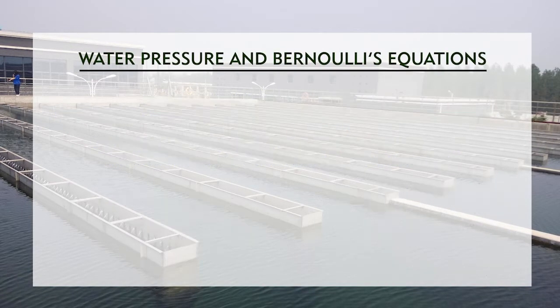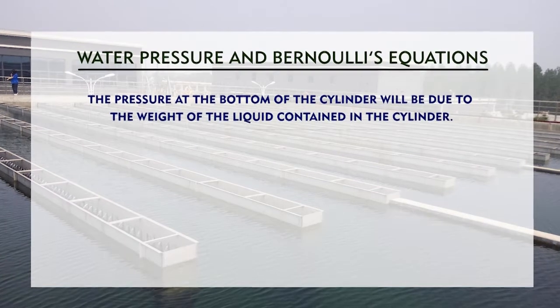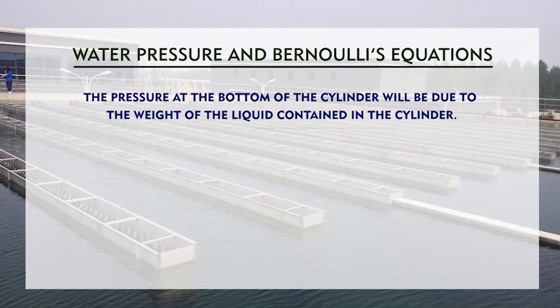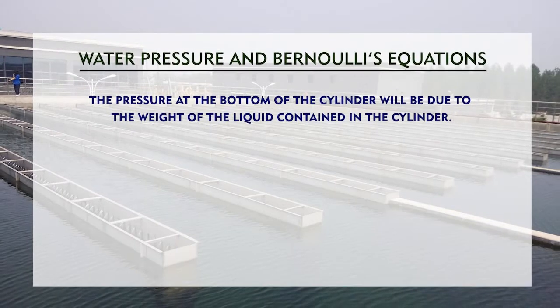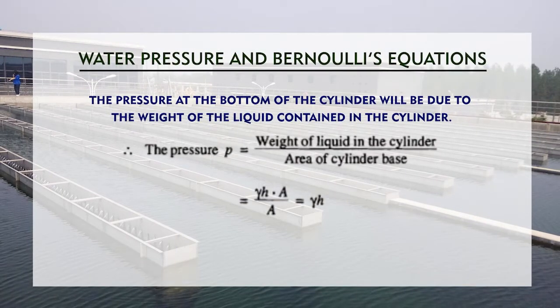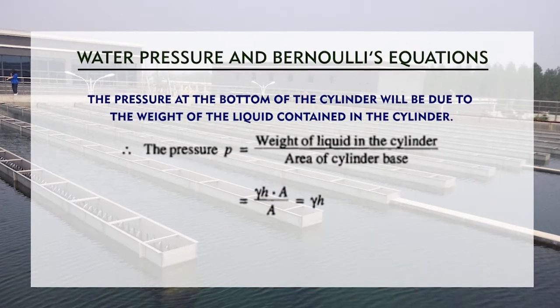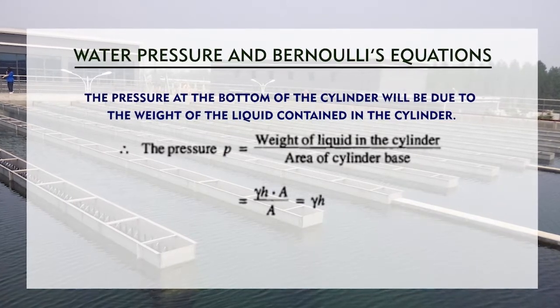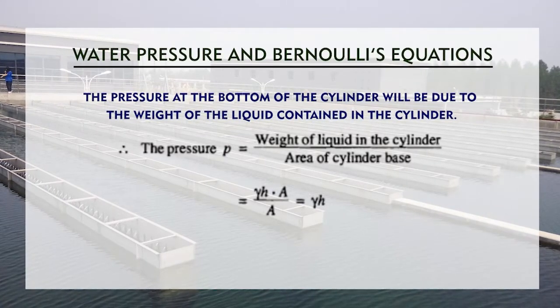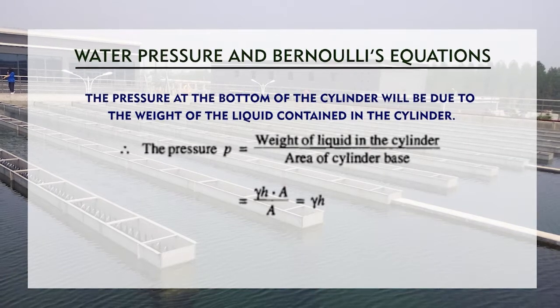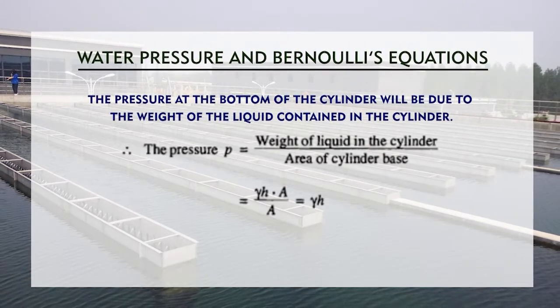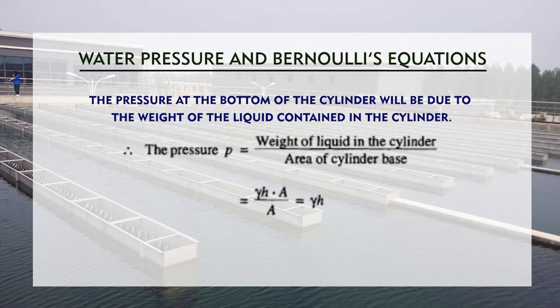The pressure at the bottom of the cylinder will be due to the weight of the liquid contained in the cylinder. The pressure p is equal to the weight of liquid in the cylinder divided by the area of the cylinder base. Then p is equal to gamma H into A divided by A, which is equal to gamma H.